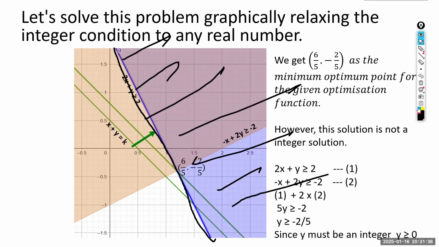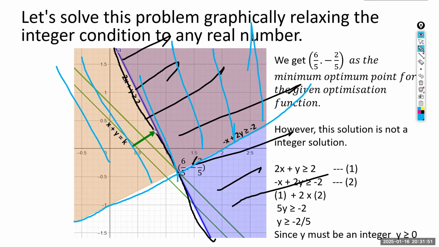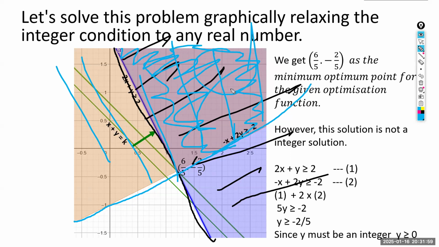So this is that line, and it must be above this. And so therefore, it must satisfy both. So this is the feasible region. Okay. This region.